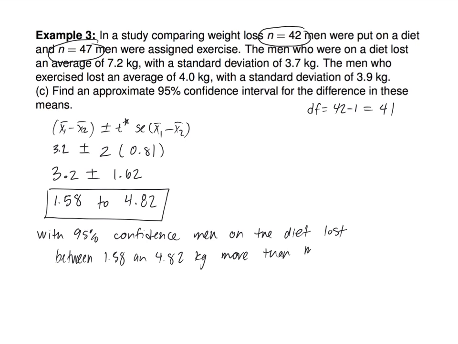Than men who exercised. That might also mean that men who exercise gain muscle too, right? This is also a possibility, but if you're just looking at weight loss, people on the diet lost more.